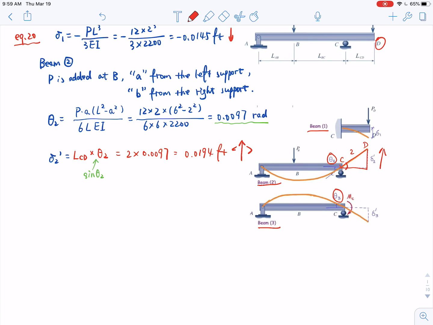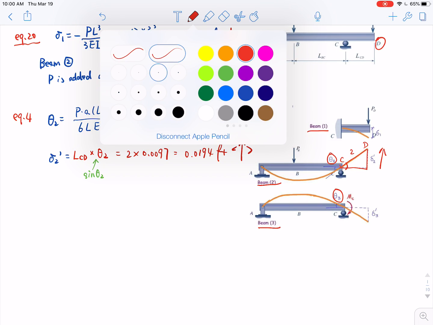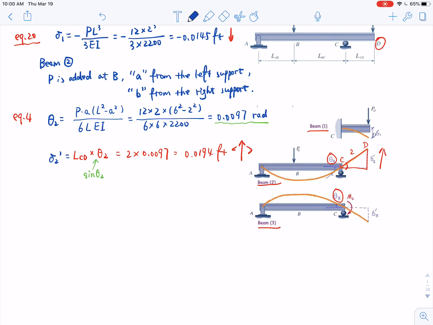And here, this equation we used is the equation 4 in the table, right? But it is the second one, the theta 2, the far end of the equation 4. Then it's a beam 3. Beam 3 here.